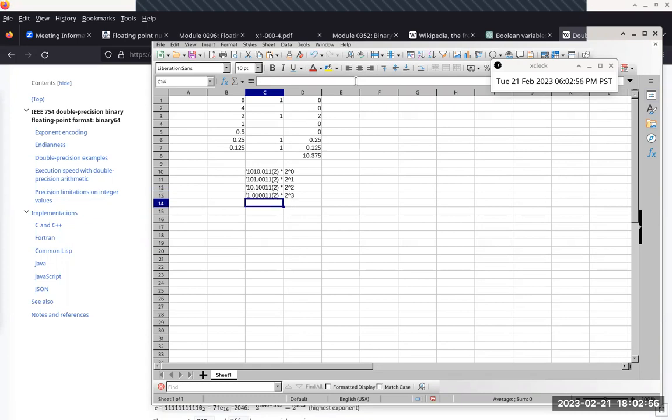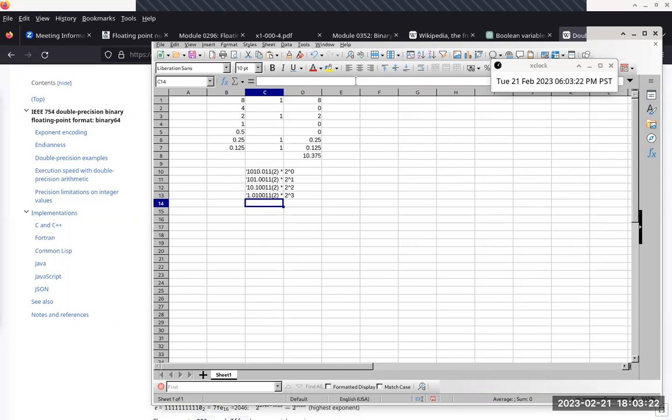Is that okay? So I'm still preserving the value that I want to represent, which to us in base 10 is 10.375. In other words, row 10 to row 13 are just different ways of representing exactly the same value. Are we still doing okay so far with that?